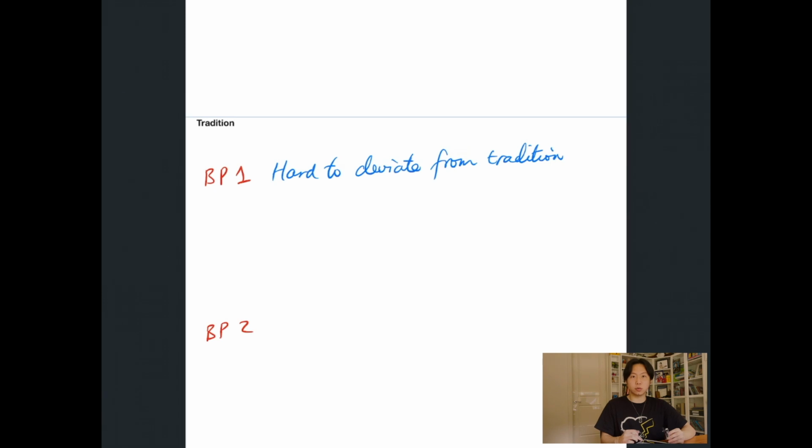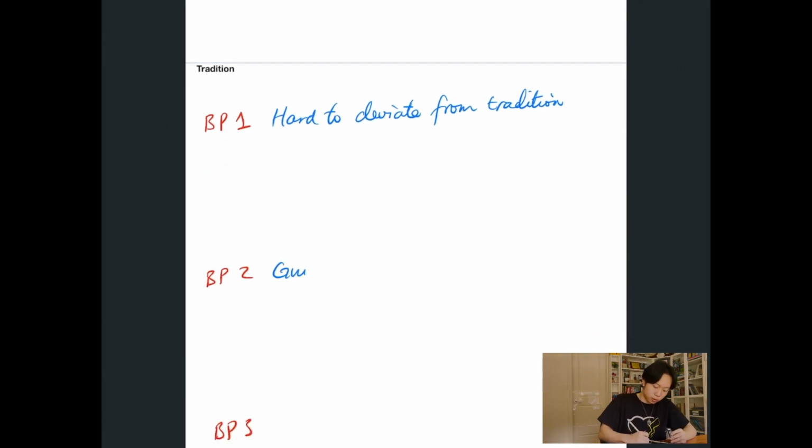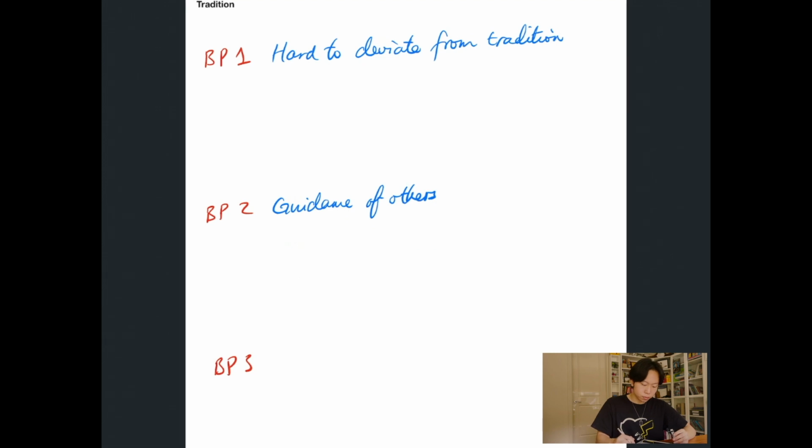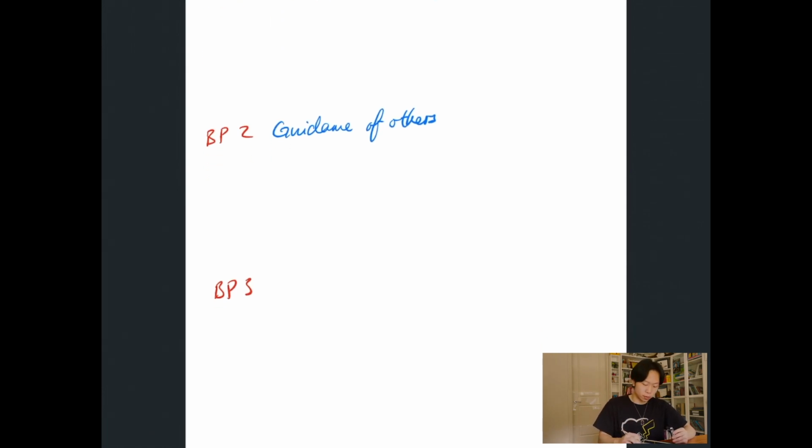How do we break from tradition? We need to listen to others. We need to follow the guidance of others. BP3 would be something like, you get benefits. You become more flexible, you're able to adapt more to each scenario.